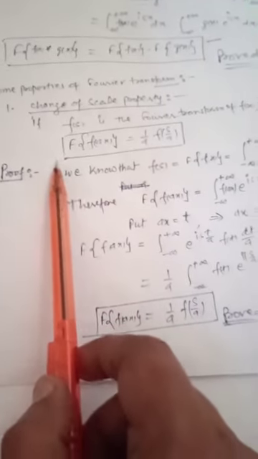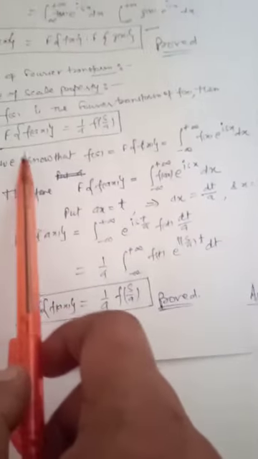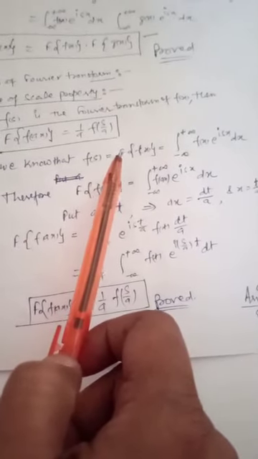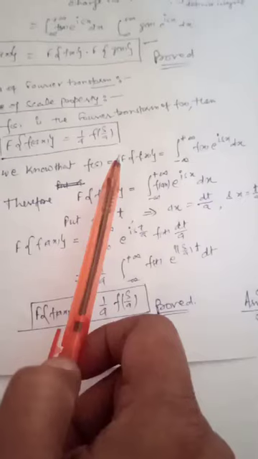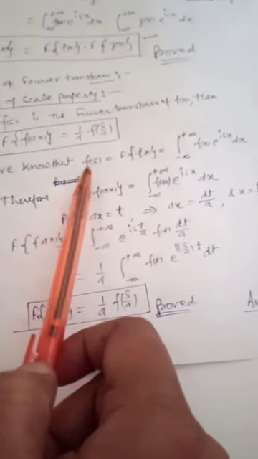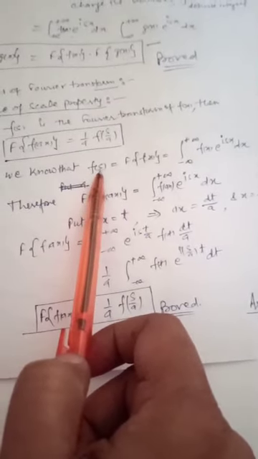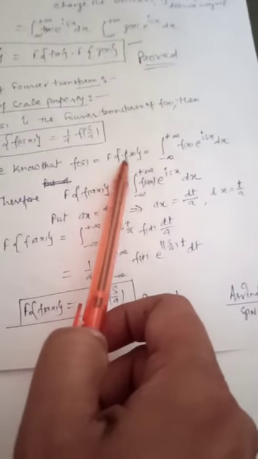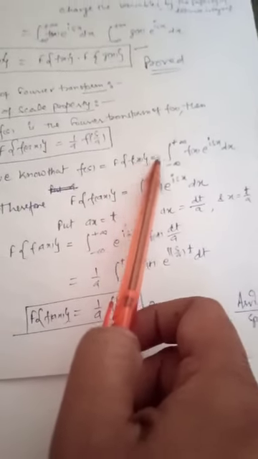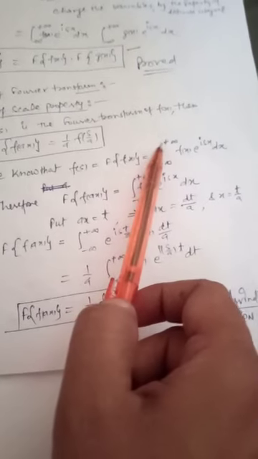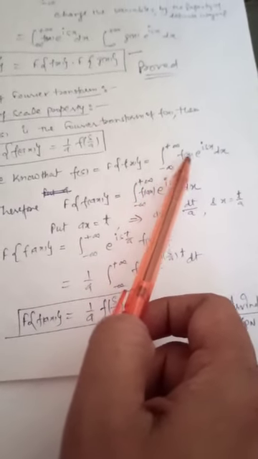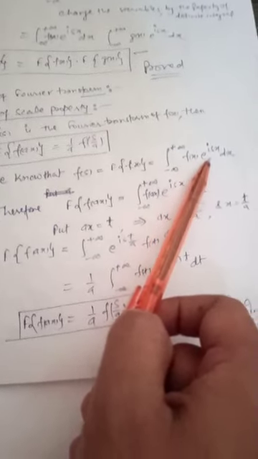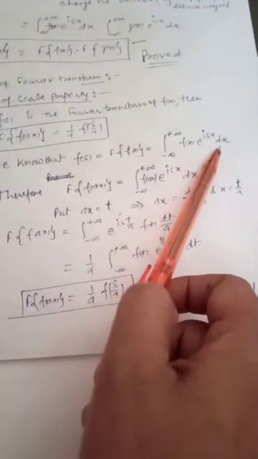For the proof, very first we are going to write the expression that defines the Fourier transform. Basically the Fourier transform of any function, F of s, is equal to the Fourier transform of f of x, which is just equal to minus infinity to plus infinity f of x exponential iota s x dx.